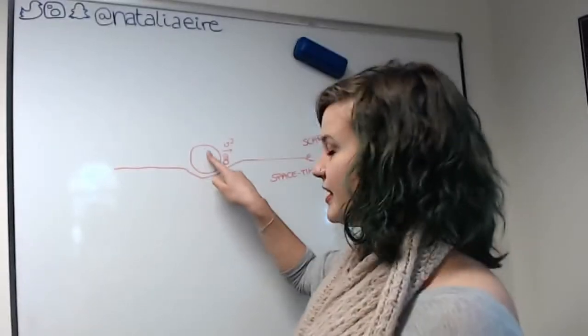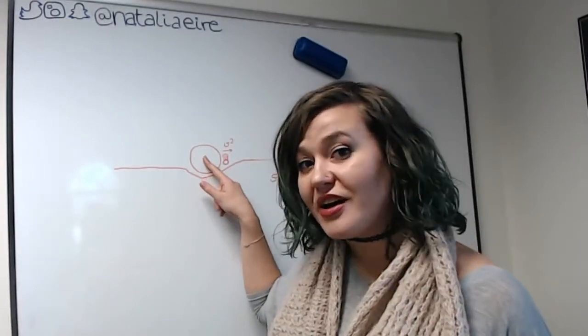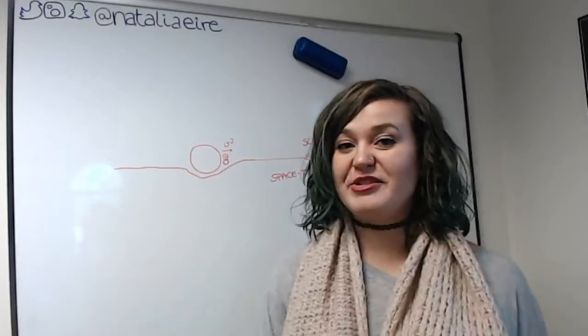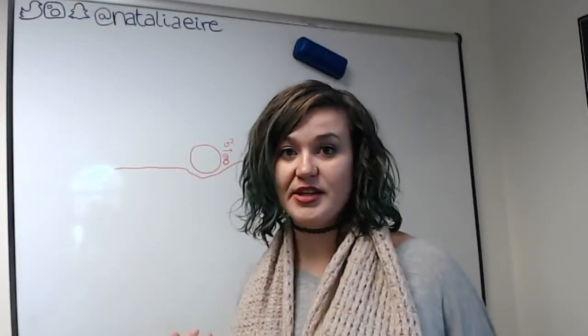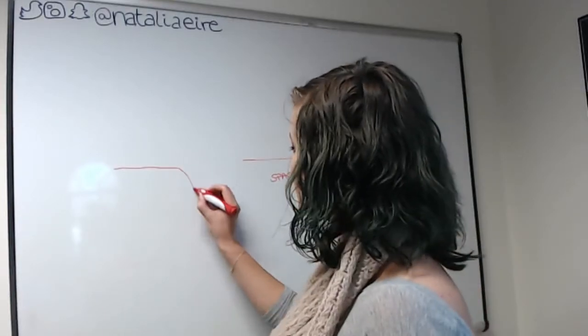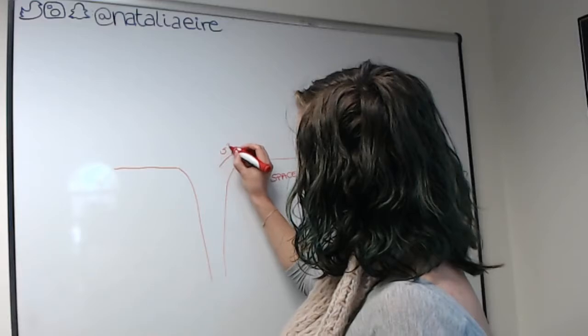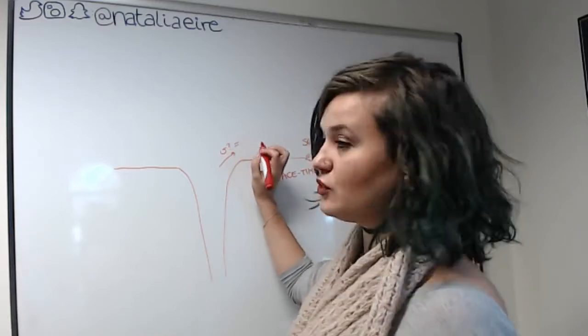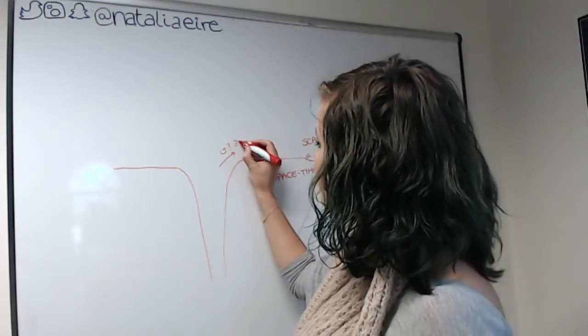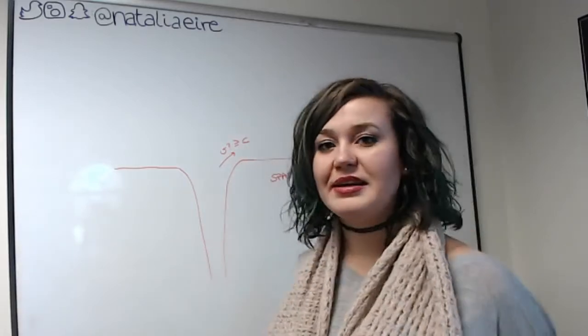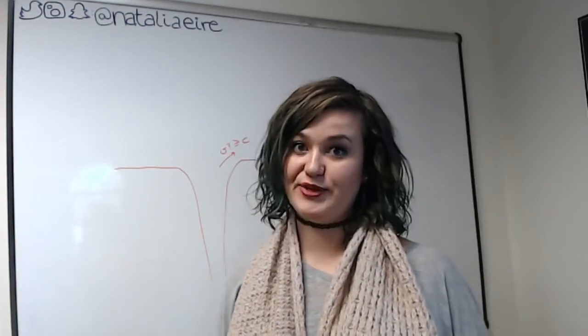But as this thing in the middle here grows bigger and more massive, you have to travel faster and faster and faster. And when you get to the point where you have a black hole, this velocity here is actually equal to or greater than c, the speed of light.